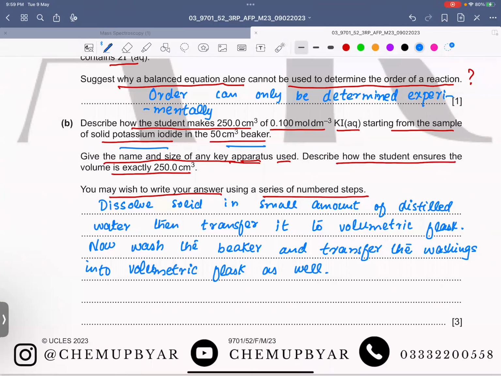It is to make sure that not even a very small amount of potassium iodide is left, so we transfer all the washings into the volumetric flask as well.